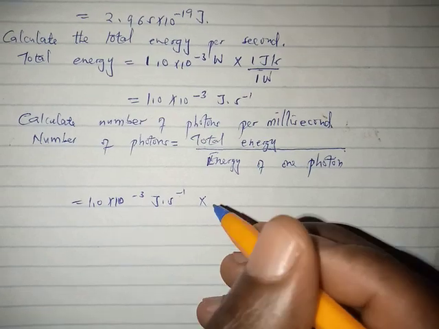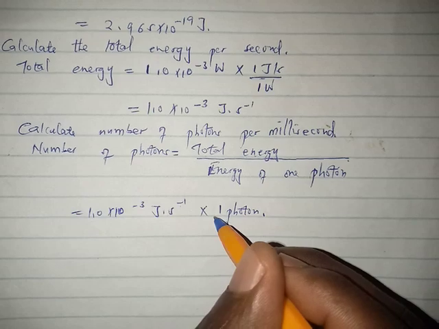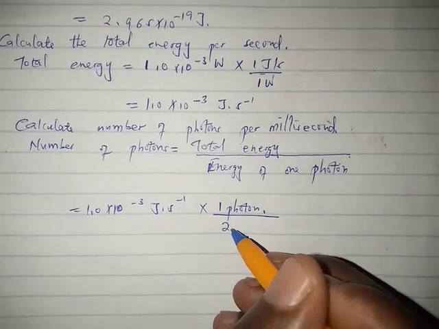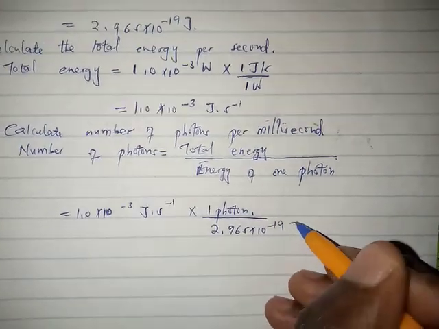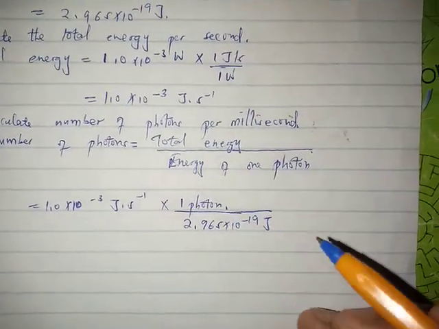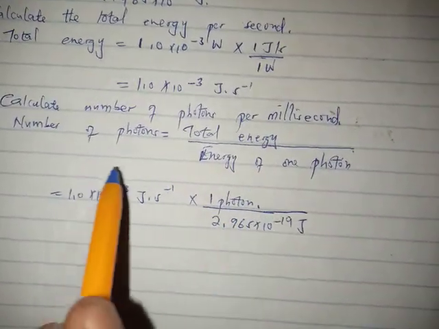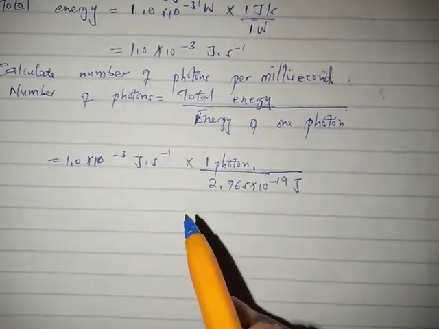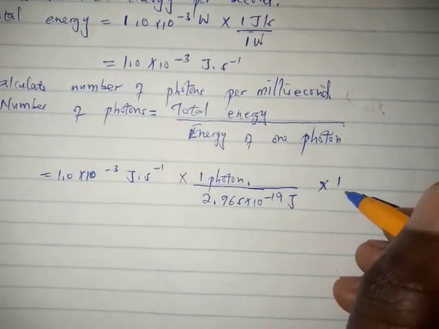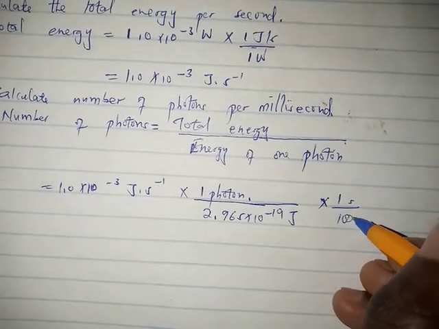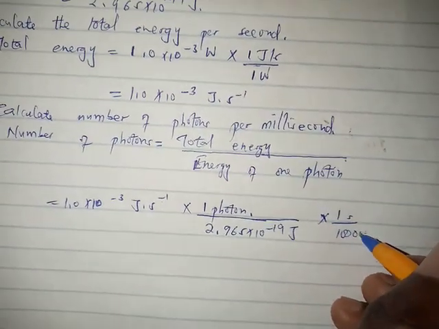So we multiply by 1 photon over the energy of 1 photon, which is 2.965 times 10 raised to power negative 19 joules. Remember now, after getting the number of photons, we want the number of photons per millisecond. So we multiply by 1 second over 1,000 milliseconds.